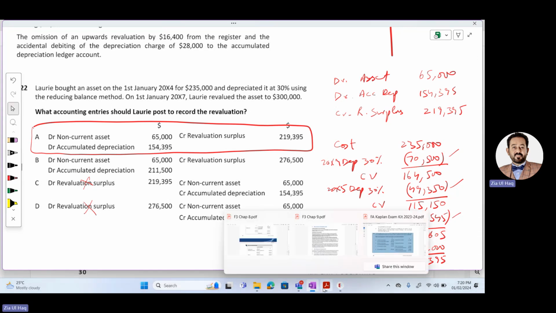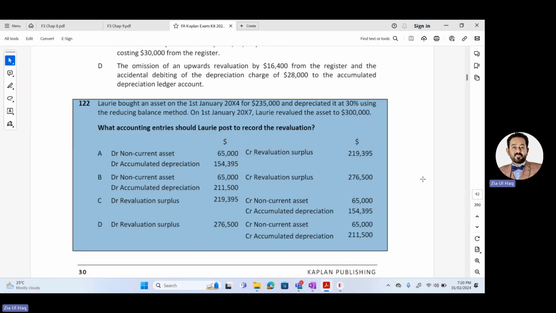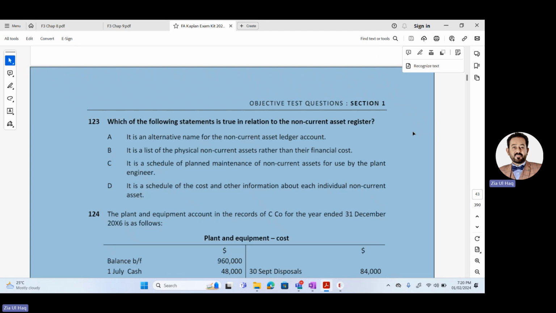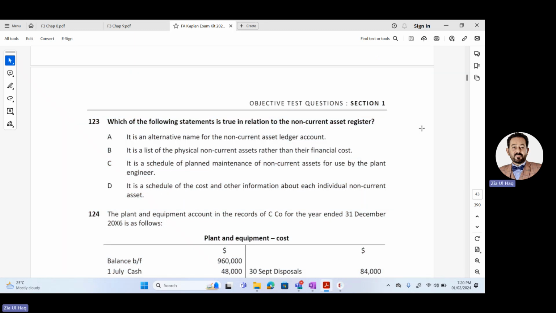Now moving towards the next MCQ. Which of the following statements is true in relation to the non-current asset register? It is an alternate name for the non-current asset ledger account. No, ledger account is separate, register is separate.